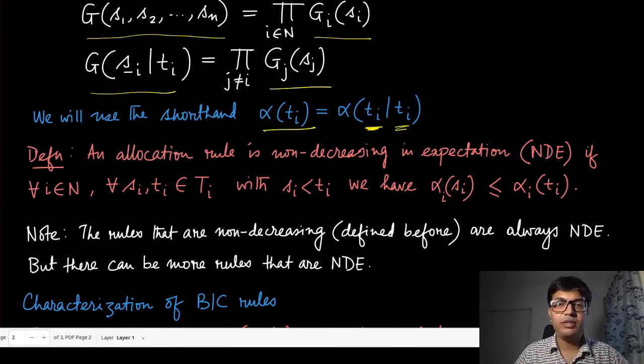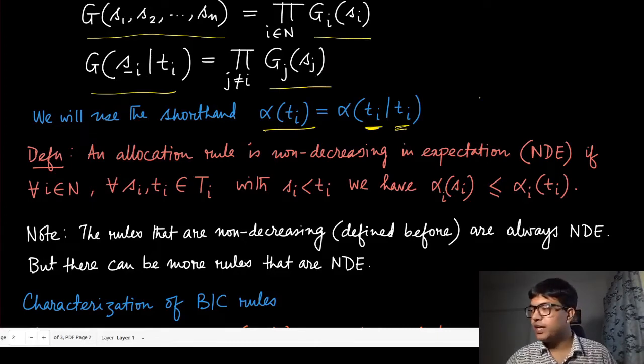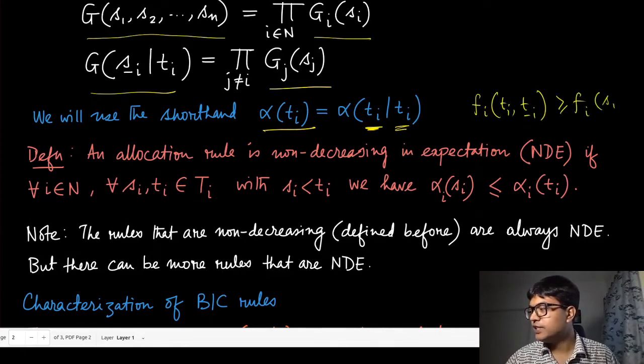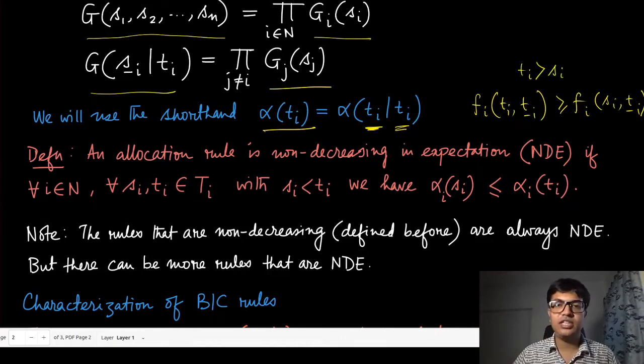So remember that earlier we were saying it is non-decreasing, and we were just using the fact that fi of Ti, T minus i is at least as much as fi of Si, T minus i, whenever Ti is greater than Si. So we define this as non-decreasingness.